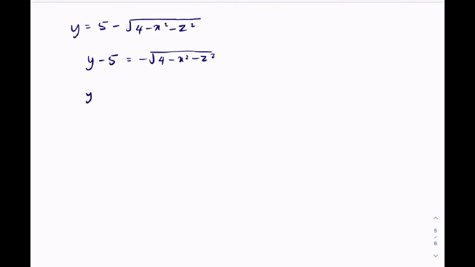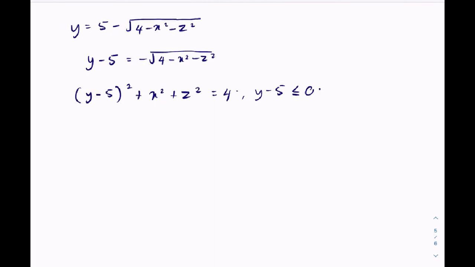Okay, we will have this one equals to 4, but then y minus 5 must be less equals to 0.